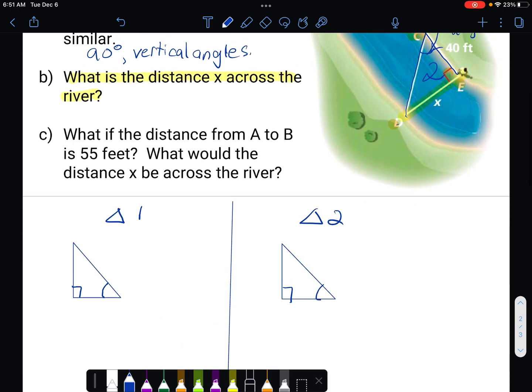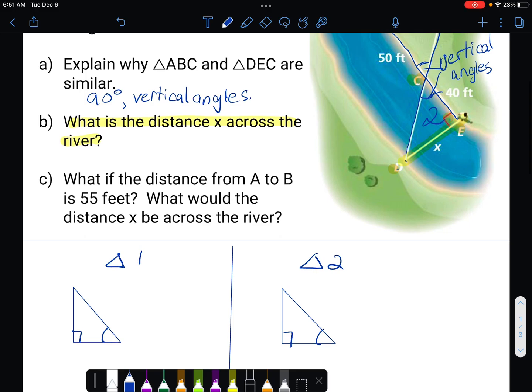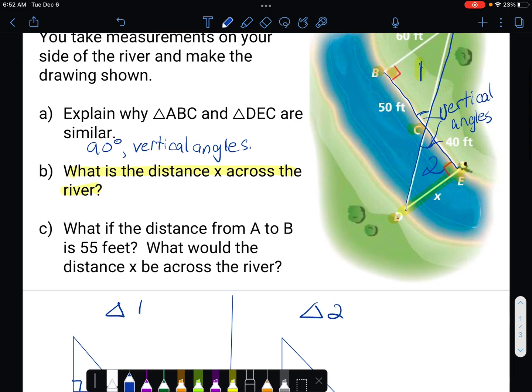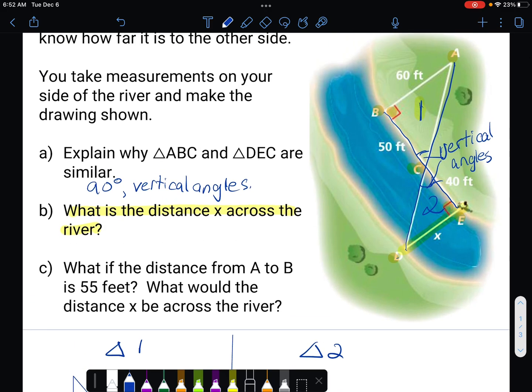Now, the second step is I have to label the sides, and the best way to find those sides is to look at the angles and find the measures in between the angles. That helps give me a reference point. So, for example, I see that I have my 90-degree over here. I've got my vertical angle over here.